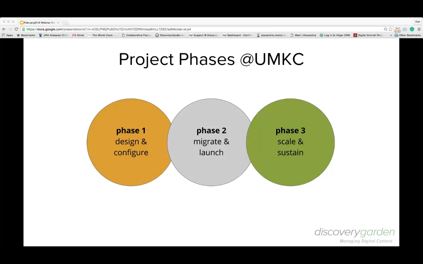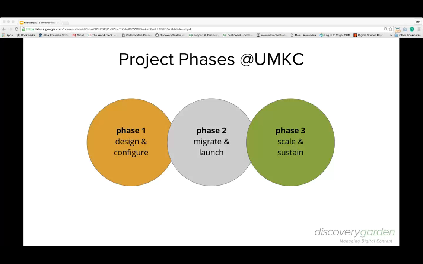However, I would personally describe that process of learning as quite overwhelming, and I felt like we were a bit aimless at times. So it wasn't until we at UMKC contracted with Discovery Garden for our theming and metadata configuration contract that we really got a firmer grasp on Islandora. And at that time, Discovery Garden hadn't developed these nice service bundles that we have today.